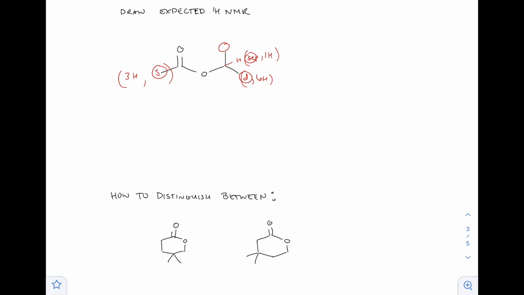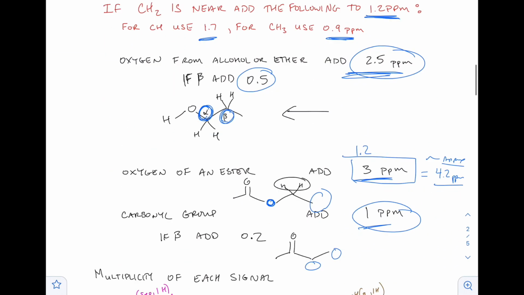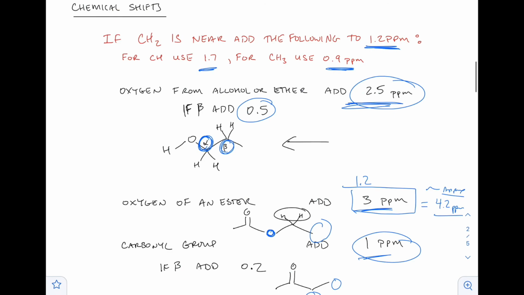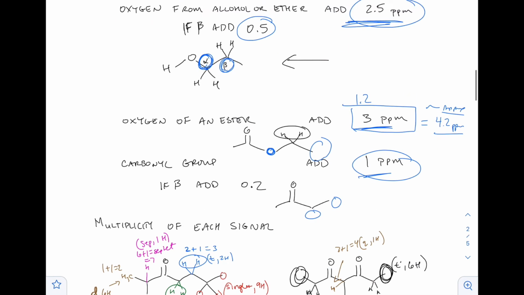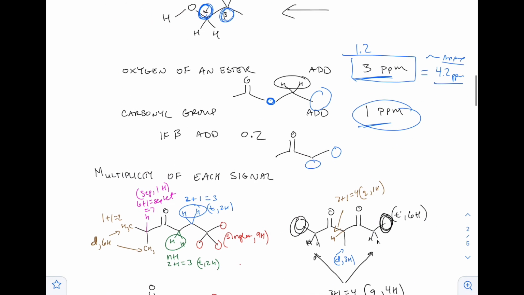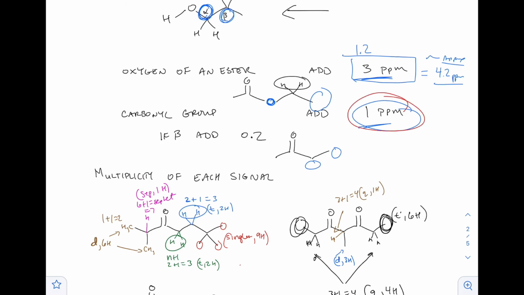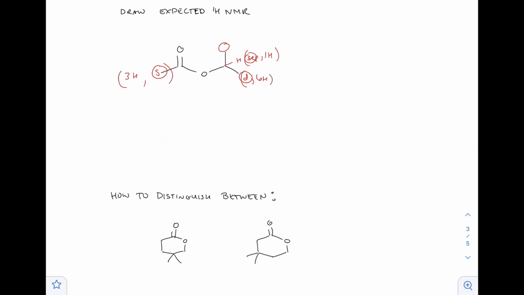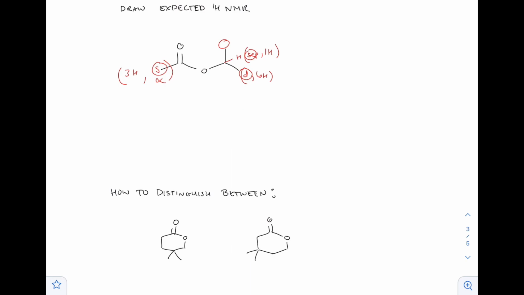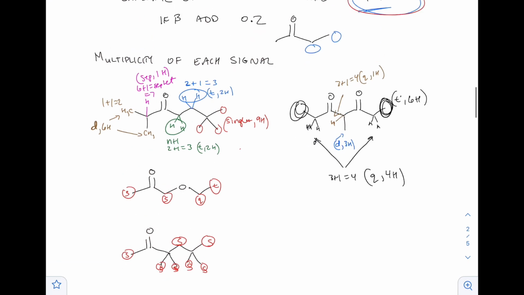So, these are the alpha protons that are coming off the carbonyl, remember? So, our baseline is 0.9, and then we can add 1 ppm. Okay, so that's about 1.9. Okay, we have a methine. That's what the 1 proton is called, a methine.